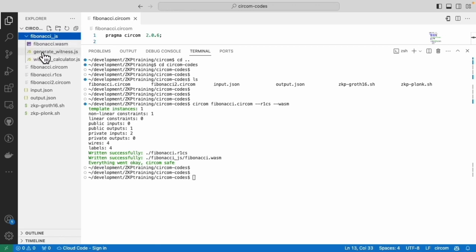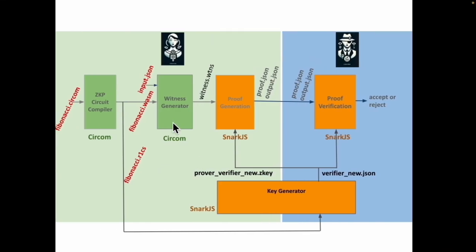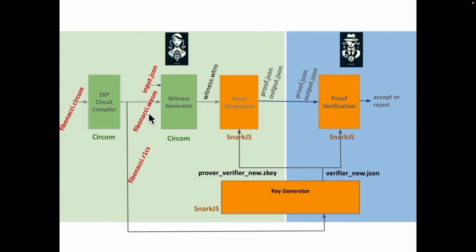Inside this folder, you see Fibonacci.wasm and also two JavaScript files called generate_witness.js and witness_calculator.js. So far, we have these two output files. Also, remember, from the previous step, we had input.json file.